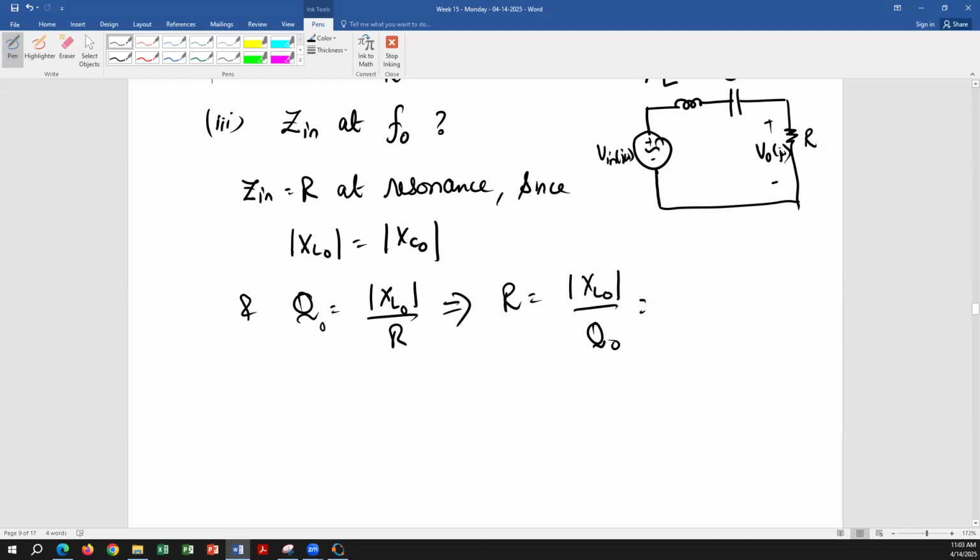So we calculate the value of R. R is equal to 2 times pi times F naught times L divided by Q naught, which is 12.57 ohms.